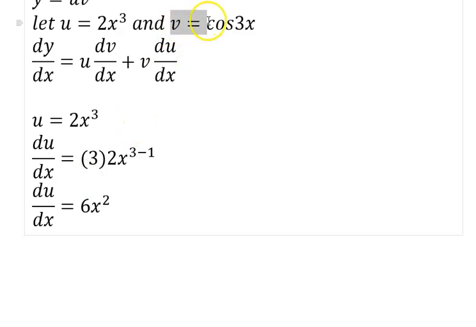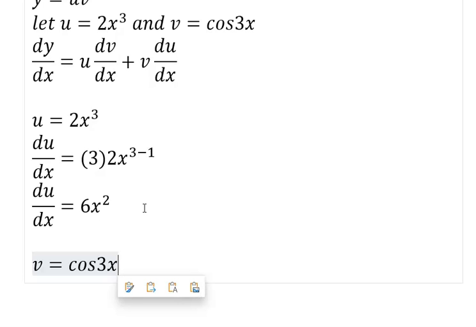So let's get our dv dx from here, because our v equals cos 3x.